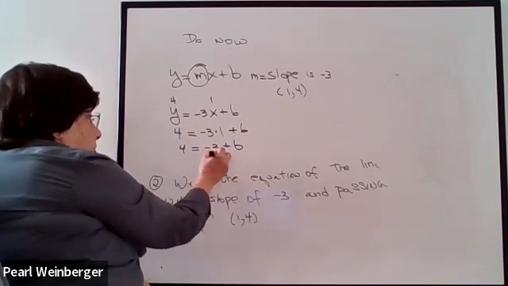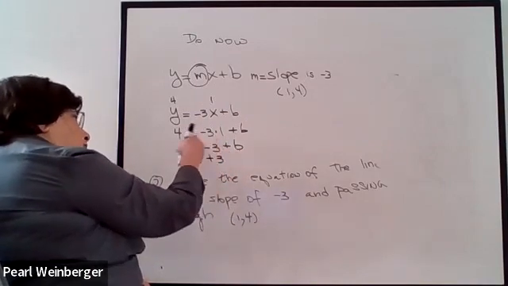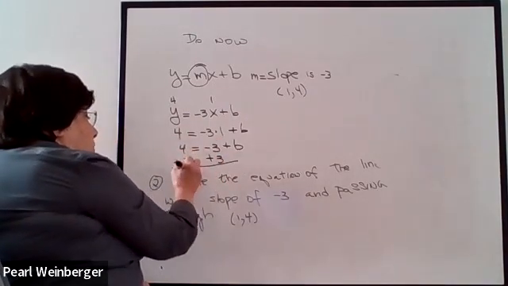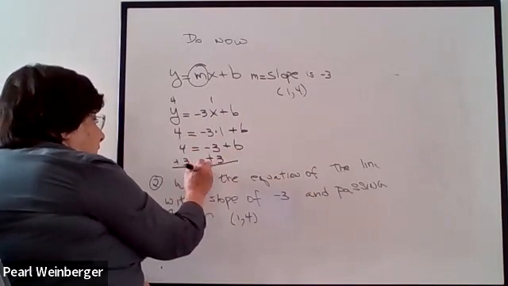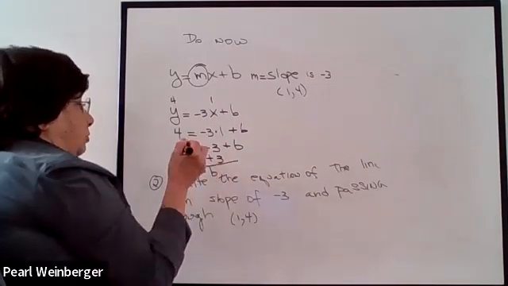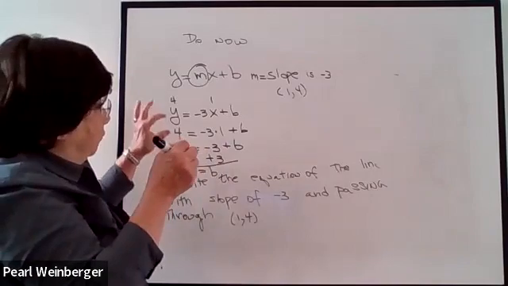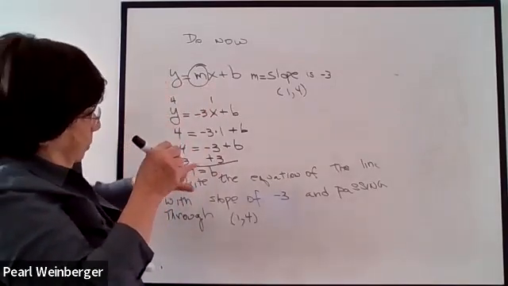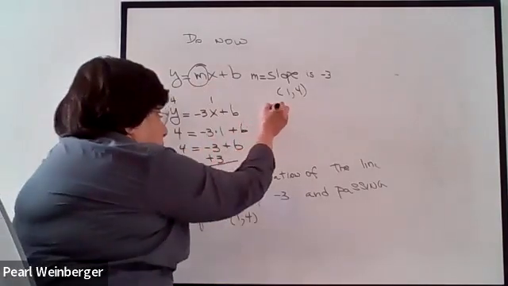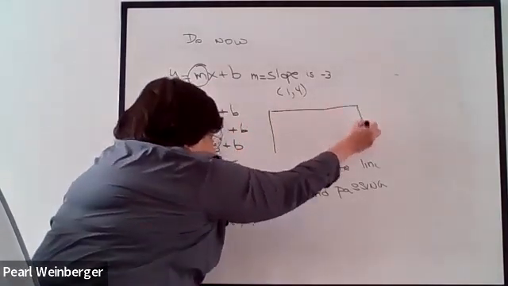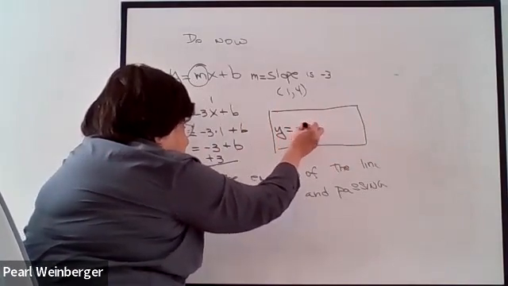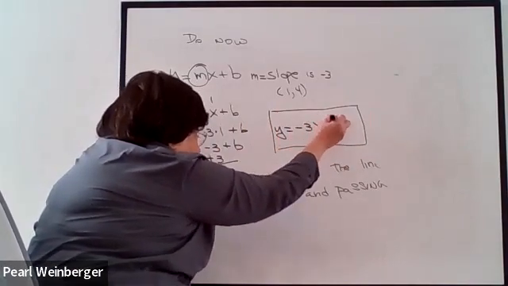And if I want to get what the b is, I've got to get the -3 to the other side. So 4 plus 3 is 7. That's what equals b. So it turns out, in order for this point to be on the graph, the b would have to have been 7. So here's my equation: y equals -3x plus 7.